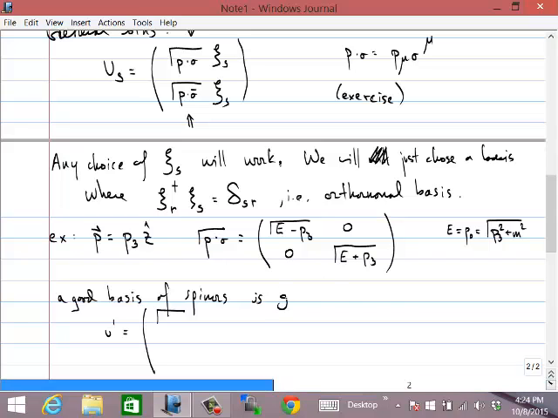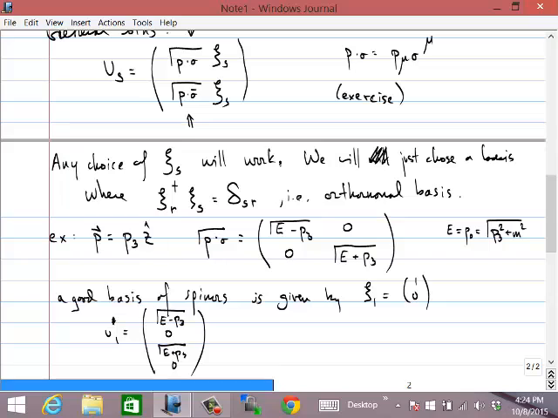So if, for example, we took zeta 1 to be (1, 0), then U1 would be the square root of E minus P3, 0, and the square root of E plus P3, 0.